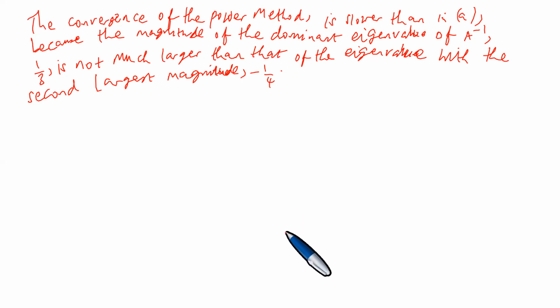In A, it was faster because the magnitude of the dominant eigenvalue of A inverse is 1/3. Okay, because now if it's A inverse, the eigenvalue is 1/3. It becomes 1 over, because it was 3. It's not much larger than that of the eigenvalue with the second largest magnitude, which is minus 1/4.